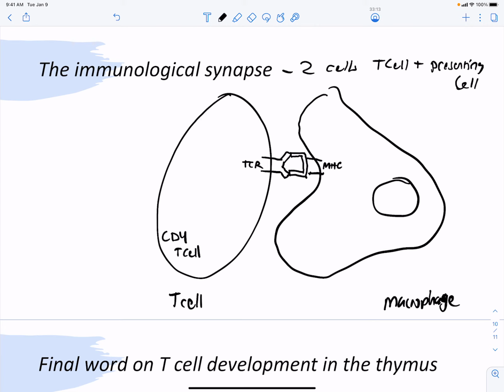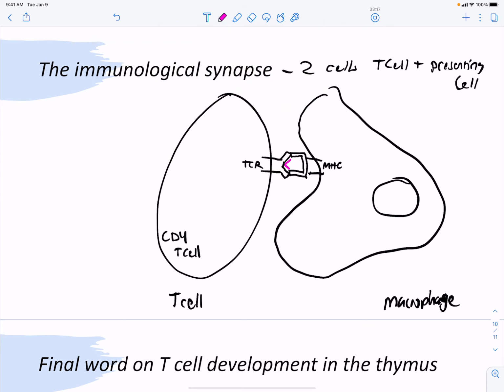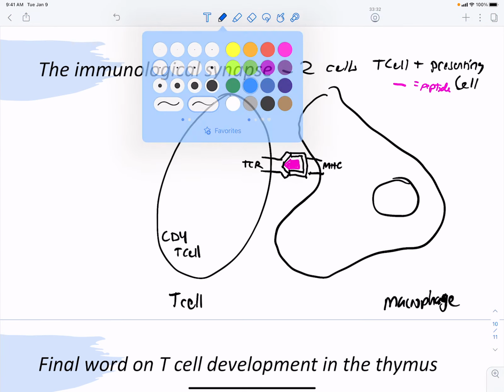Okay, and in the middle of the MHC molecule is some peptide that the T cell reacts to. So the T cell and the MHC molecule are interacting with each other.